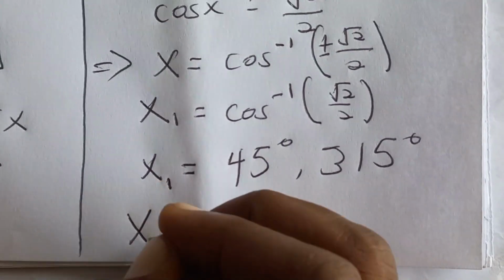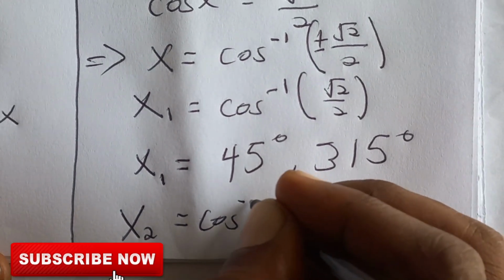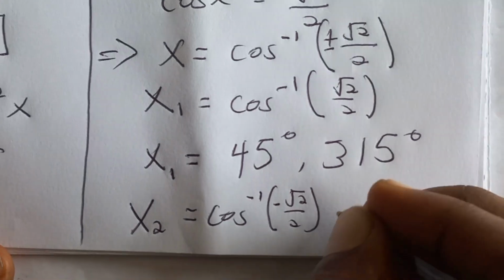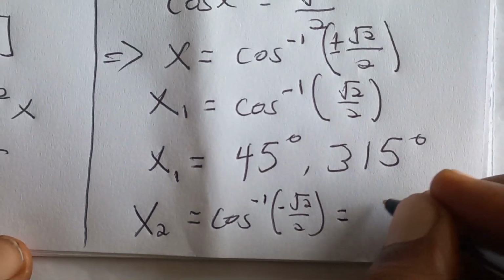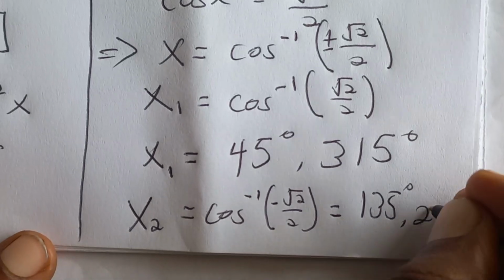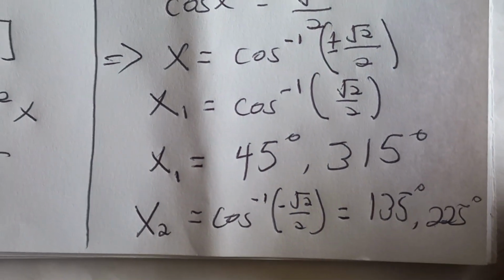Then x2 is equal to cos inverse of negative root 2 on 2, and this gives us 135 degrees and then 225 degrees. So this is the solution for this question.